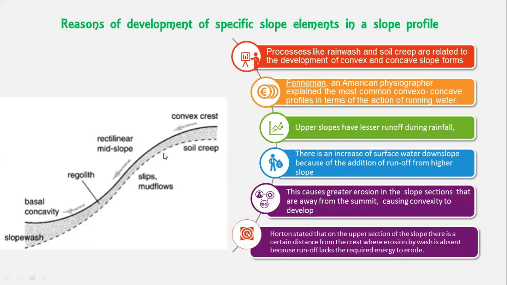According to Feynman, in the crustal area, in the convex area, in the summit area, there is less runoff. Why is there less runoff in this region? There is less runoff during rainfall because the interstream connectivity is less. Because runoff is less, it will move down as a thin sheet, not a thick sheet.